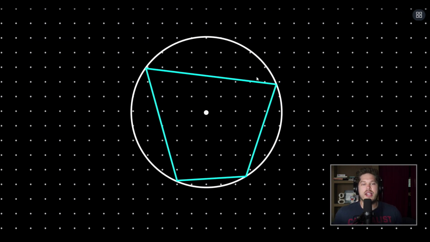Next up, something else that's interesting about inscribed angles comes whenever we are looking at cyclic quadrilaterals. Now, cyclic quadrilaterals is simply the fancy term for quadrilaterals which are inscribed in a circle. And we want to look for the relationship between angles in a cyclic quadrilateral.